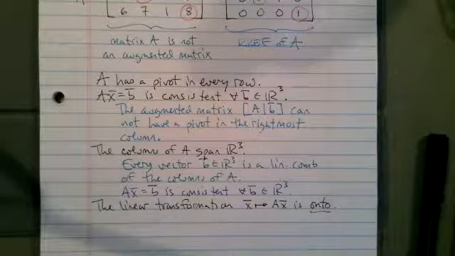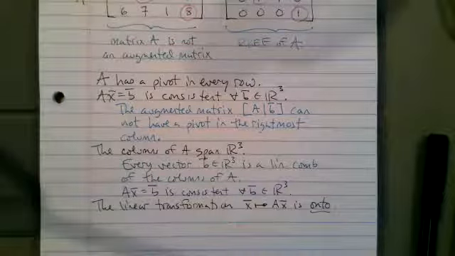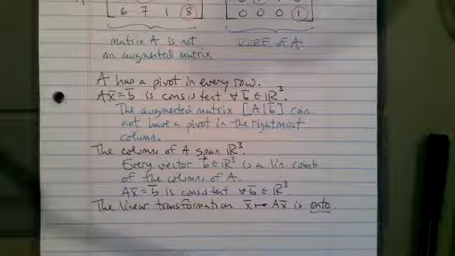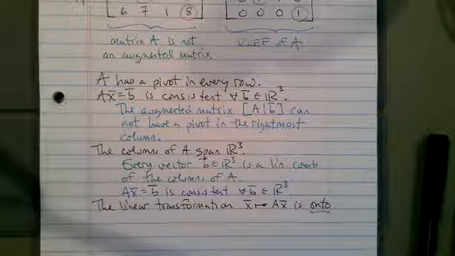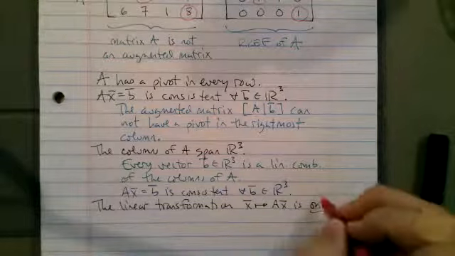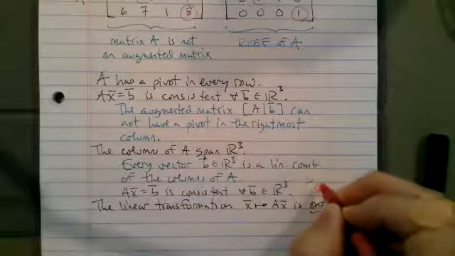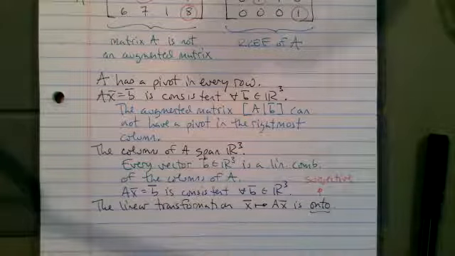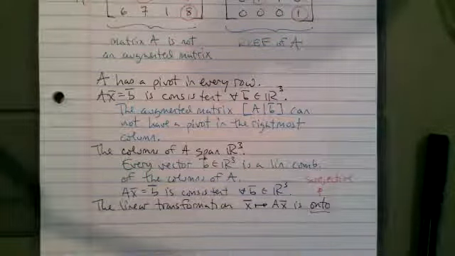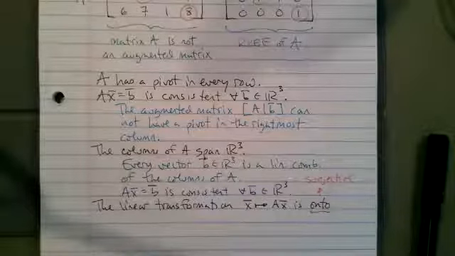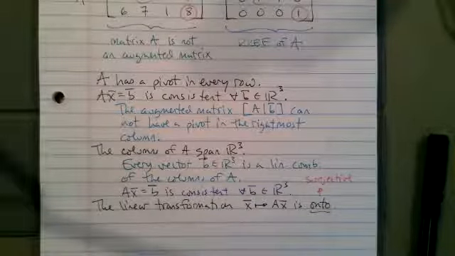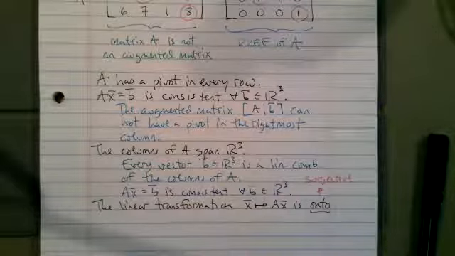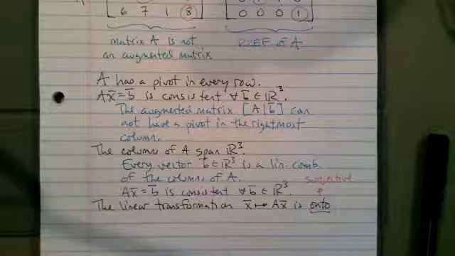Onto, or surjective, is something that we talk about when we're talking about linear transformations. Sur being on. So the linear transformation is onto. This is because the range of the transformation is equal to the codomain.